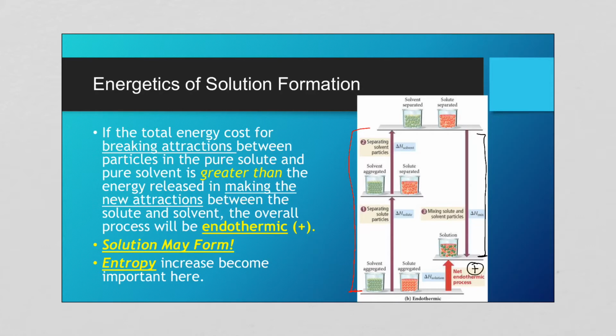There's an overall increase in the energy of the system. And again, it's not as simple as just saying the solution won't form. We have to say the solution may form, and this is where we have to address the entropy component. Is the entropy increase, the spontaneous mixing part of this whole picture, enough to overcome this difference? And it really depends on the size of that difference. Now, there is no number I can point to. Every situation is going to be a little bit different.